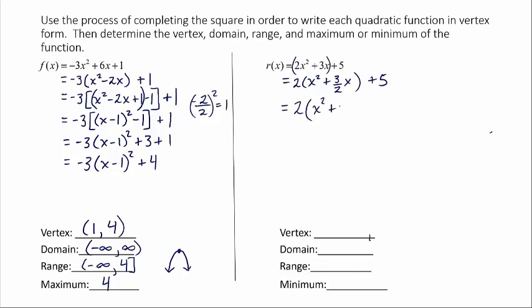So we've got 2 times the quantity x squared plus 3 halves x. What are we adding to this? We've got 3 halves divided by 2, squared, which is 3 divided by 4, right? 3 halves times 1 half, squared, which is 9/16. So we're going to add 9/16 and subtract it inside here.